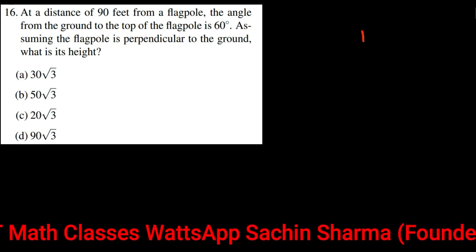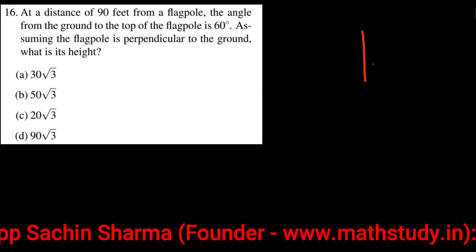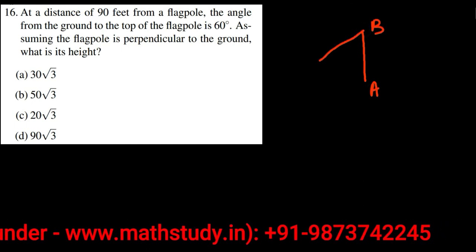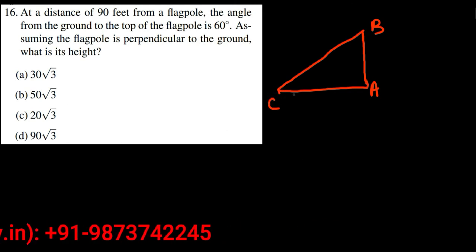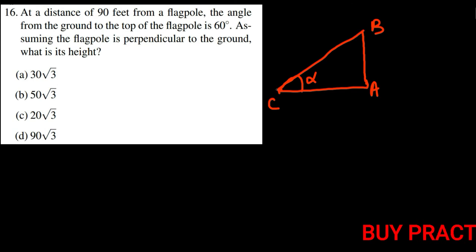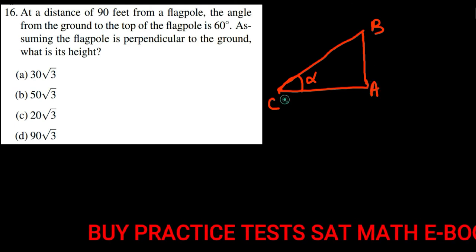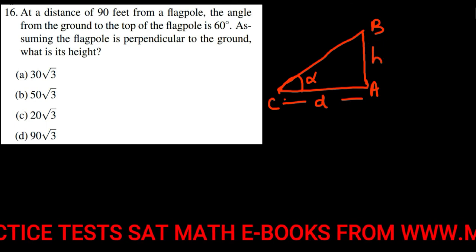Let us assume a pole, or you can say a tower, is there. Let us assume this is AB. AB is a tower and a person is standing here at point C, and his angle of elevation, this angle, let us say is alpha. This is the angle of elevation. This is basically the distance between the pole and the person. Let us assume this is D. D is the distance and H is the height of the pole.